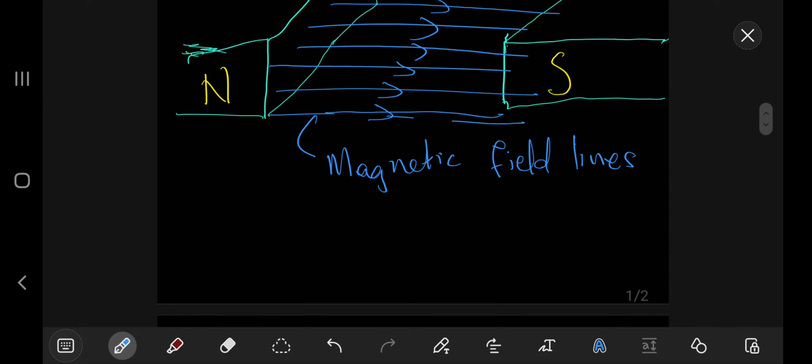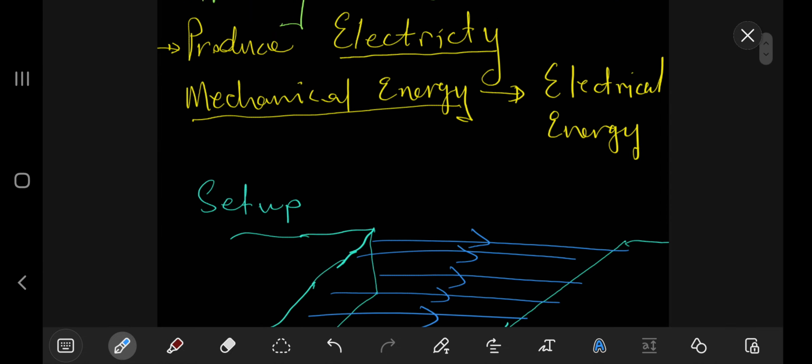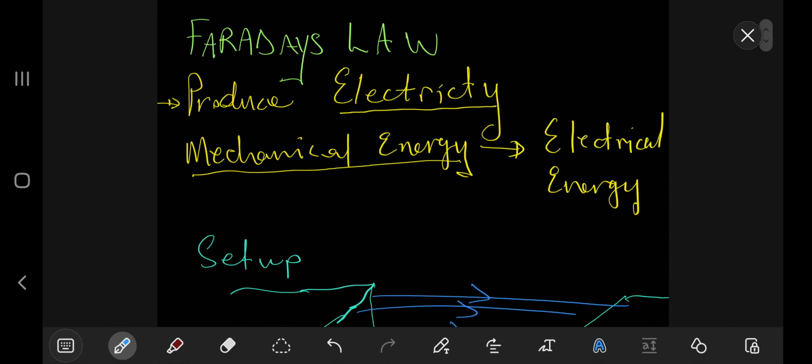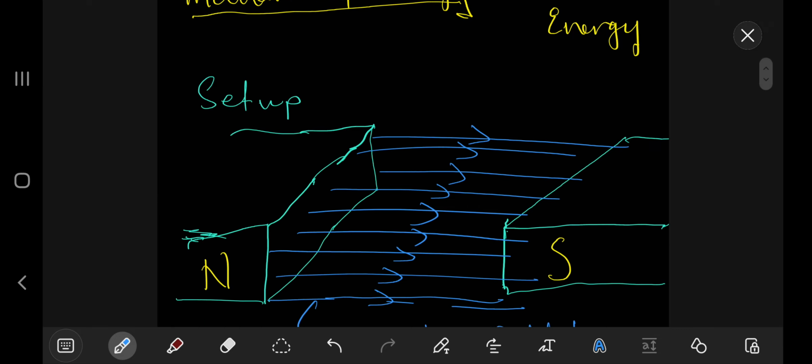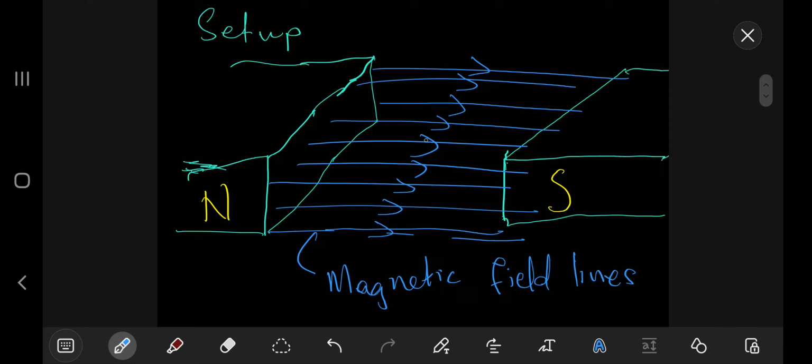It means if we use weak magnets, the magnetic field will be weak at the end, right? But to achieve a high EMF, or to achieve a lot of electricity that we produce here, we must make sure that these magnetic fields are very very strong. So we ensure that by using stronger magnets, right?